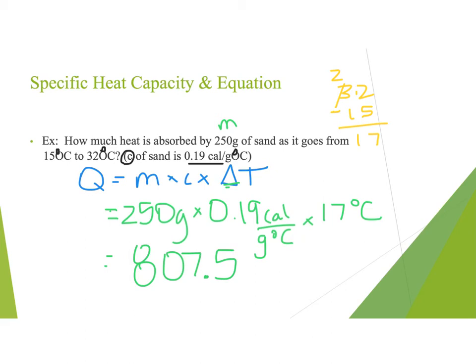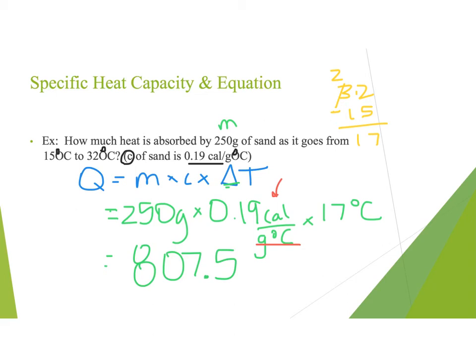Let's figure out our units. It's easy if you look at each of the units we have and see if any cancel. For example, this is calories over grams degrees Celsius, so these two are on the bottom of a fraction. If they are on the top of something else, then they're going to cancel.